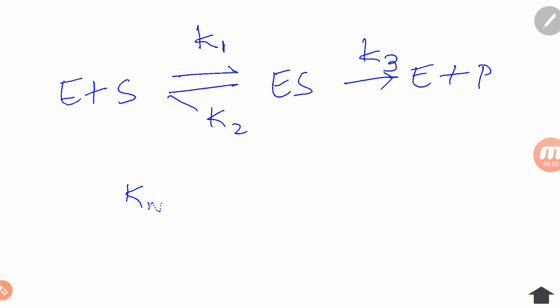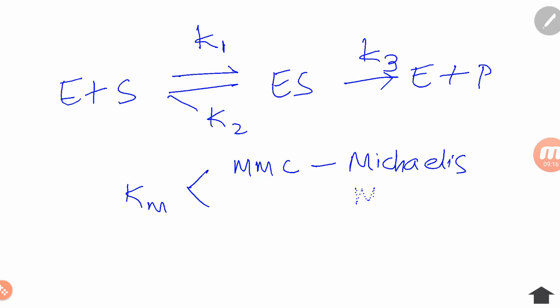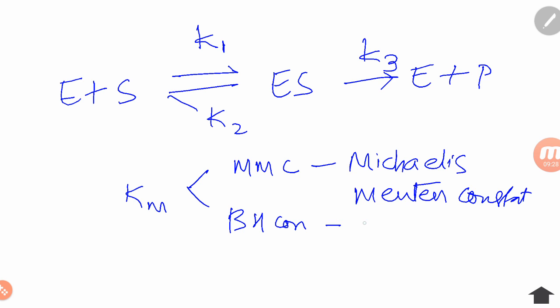Obtaining from these constants, they have come out with a formula called Km. Km can be called the MM constant, that is Michaelis-Menten constant, or it can also be called the BH constant, the Briggs and Haldane constant.